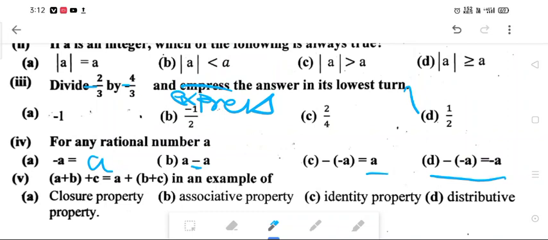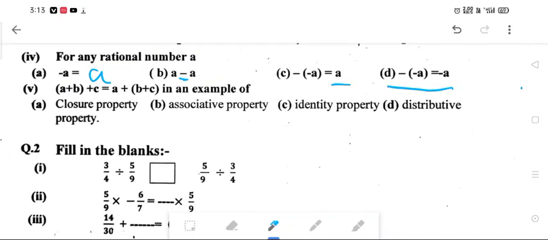You have to choose the correct one. The next is A plus B plus C is equal to A plus B plus C is an example of closure property, associative property, identity property, distributive property. So you have to choose the right answer.